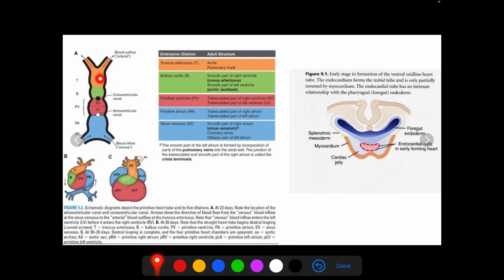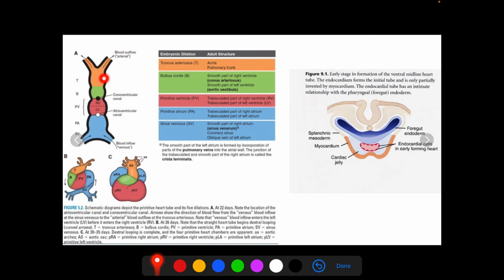The upper parts are truncus arteriosus, bulbus cordis, then the primitive ventricle, primitive atrium, and sinus venosus. And all these parts will develop to the fully mature heart.